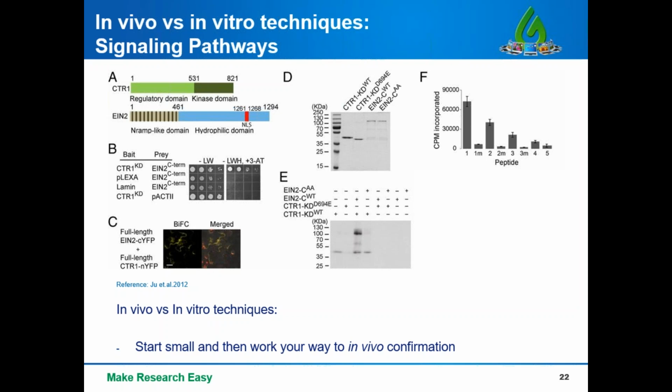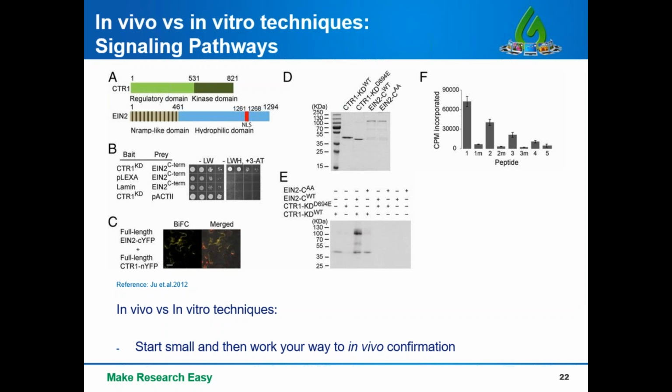In this way, we saw phosphorylation by CTR1 on IN2. So we were able to confirm with all of these in vitro methods that CTR1 was acting on IN2, and all of this occurred before we did any in vivo confirmation.